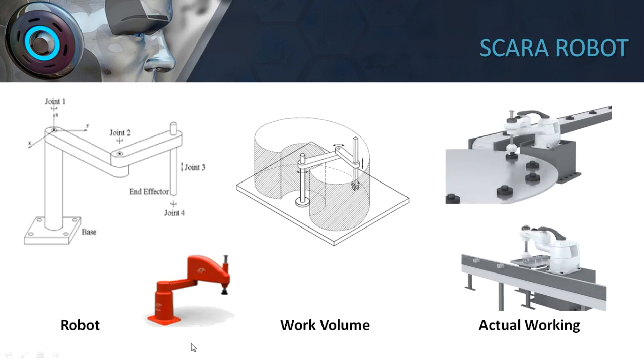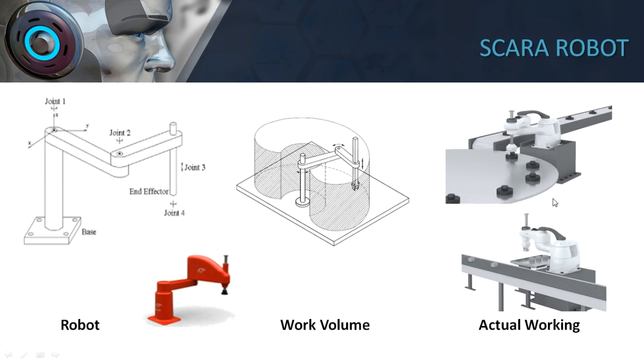So this is a 3D image of the SCARA robot, and I told you the shape of the workspace is in the form of a bean. You can also imagine your kidney. So in the form of a kidney, it has its work volume. Here there are two similar robots, SCARA robots with the TRV configuration, performing an operation.